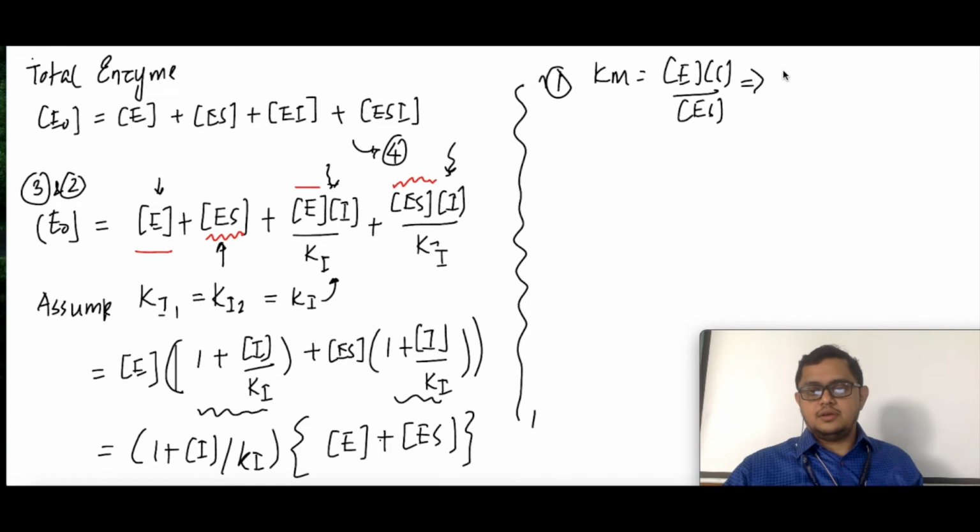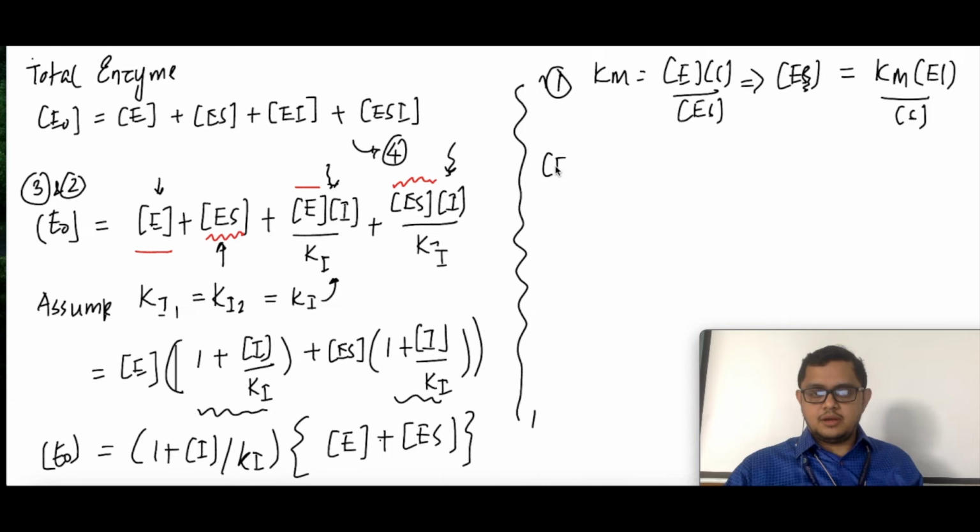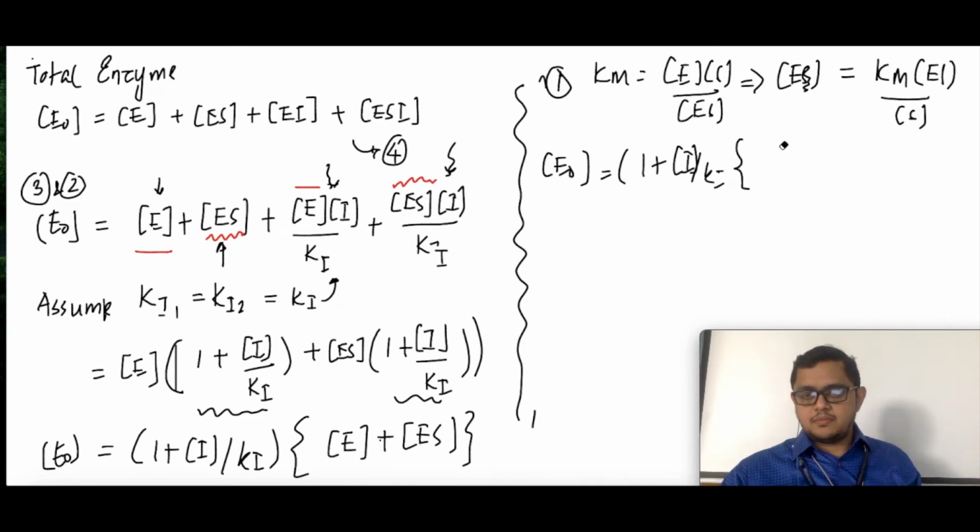From this you can find E, which is equal to Km into ES divided by S. So you substitute this equation in this, so your E naught becomes 1 plus I by Ki into Km ES by S plus ES.